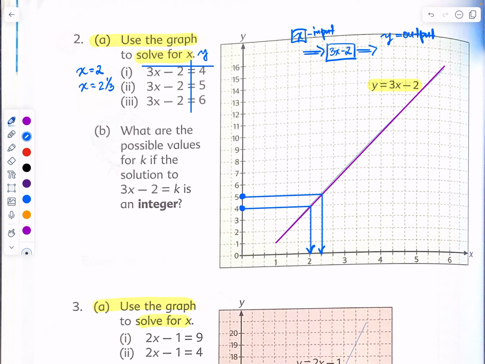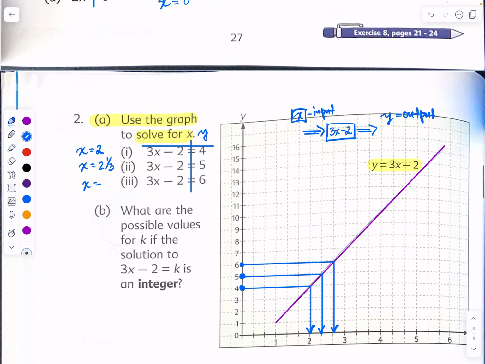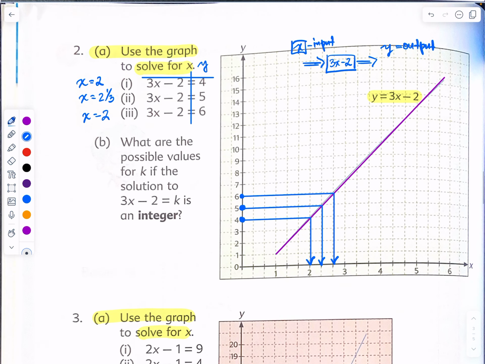When y equals 6, what happens? The graph keeps increasing, right? The x values are increasing, not by much. Corresponding x is 2 and 2/3. We solved for x using a graph, using the visualization.